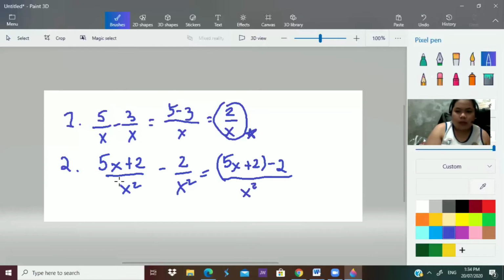We copy the denominator since they are similar fractions.